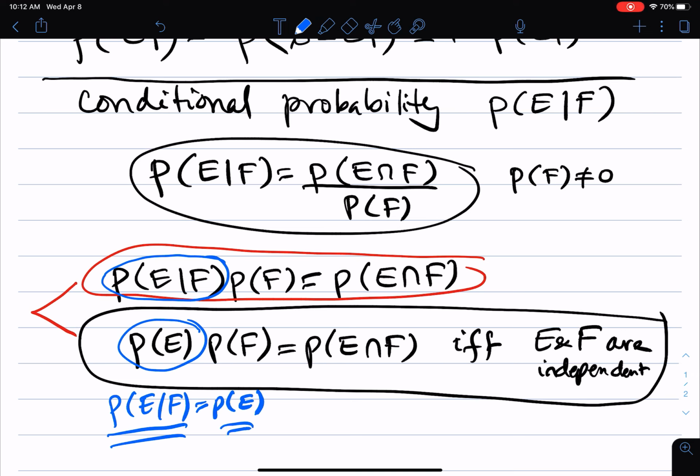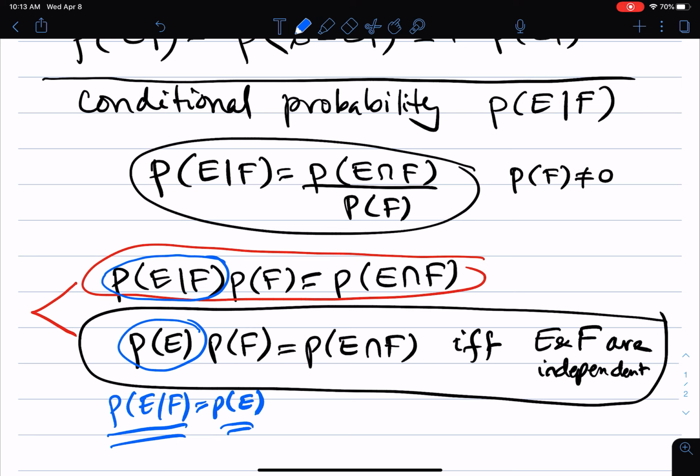What's on the right hand side? I'm asking what is the probability of E regardless of any knowledge about F. If these two are the same, then what are we saying? That the probability of E, given that F happened, is exactly the same as the probability of E without knowing anything about whether F happened or not.